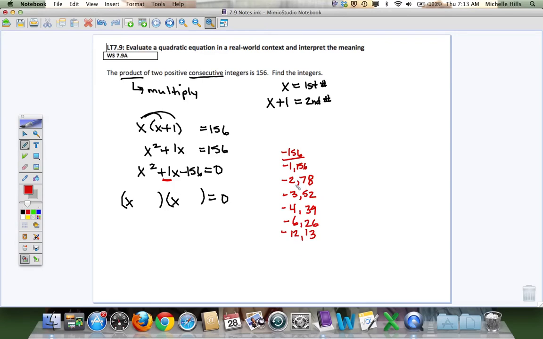Not only have I reached the end of my factor pair list, I've actually found the one where the sum is positive 1. So x minus 12 times x plus 13 equals 0.